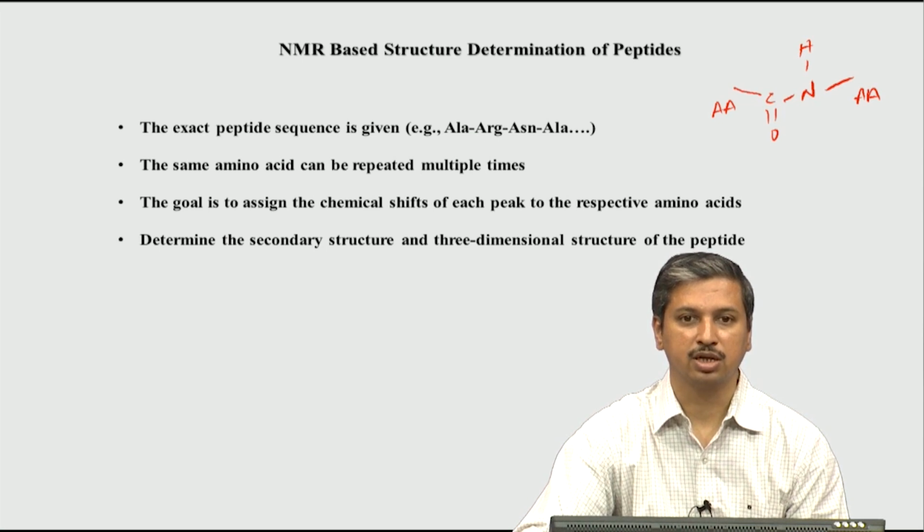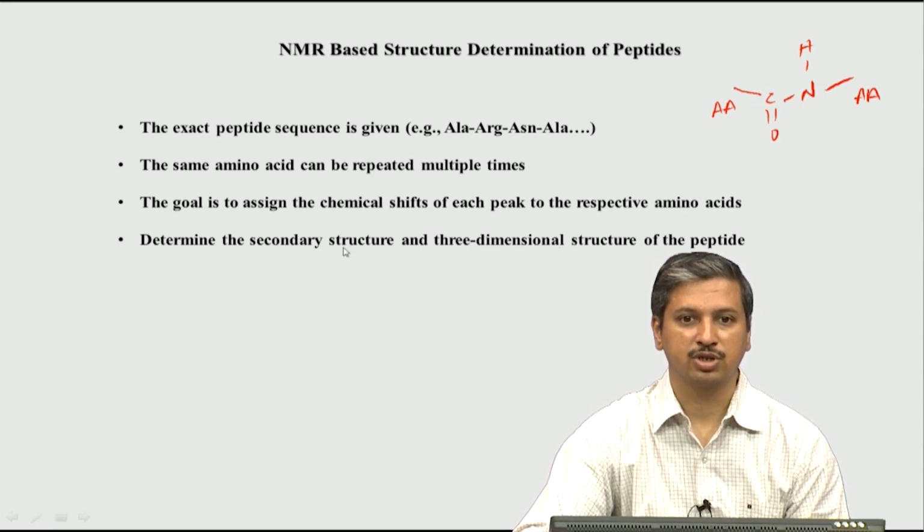We are looking at only the alpha and beta carbon and protons, and where they come in the spectrum, what peaks' chemical shifts, those things have to be assigned as the first step. Then once you have assigned the chemical shift of every peak in the spectra to the respective amino acids, you can go ahead and start looking at the structure.